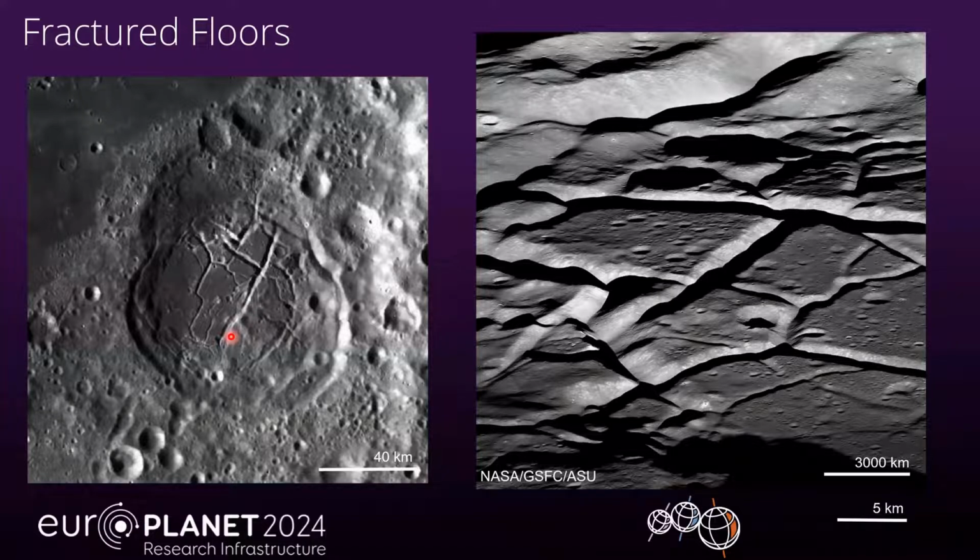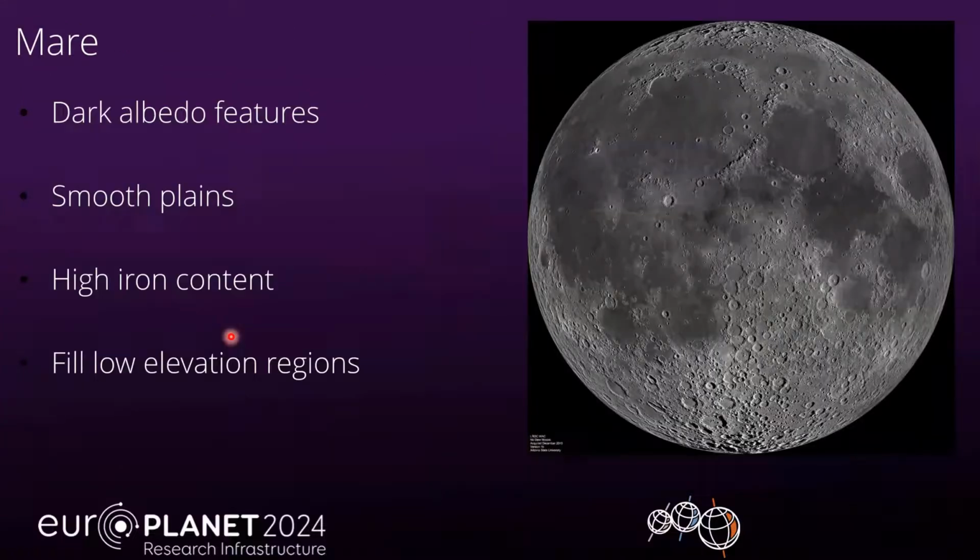Okay, so that was sort of an overview of the morphologies that you're going to see associated with basins and with craters. And now we'll have a quick look at mare basalt features. The mare basalts are simply these dark areas that are covering the moon. And just even from looking at this view of the moon, you can tell that the mare basalts superpose this highland material and they actually fill in a lot of the big basins.